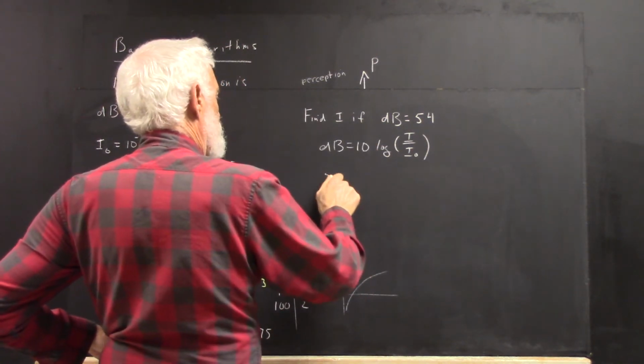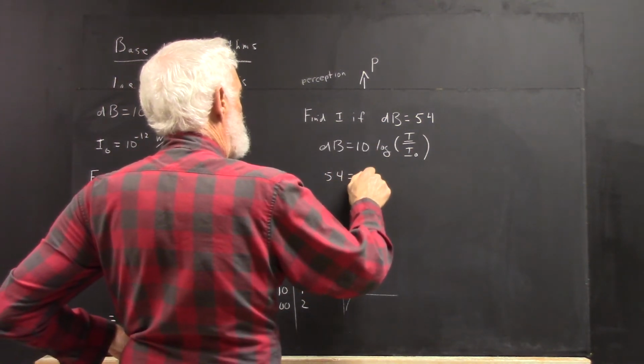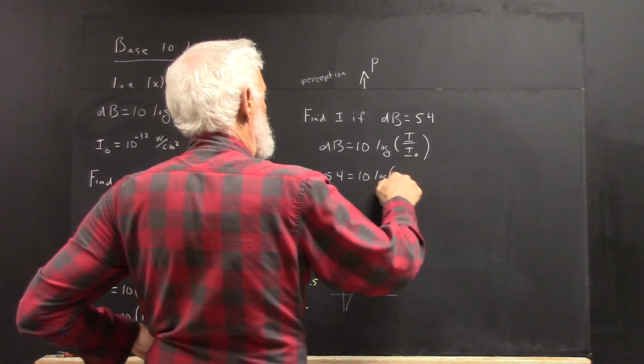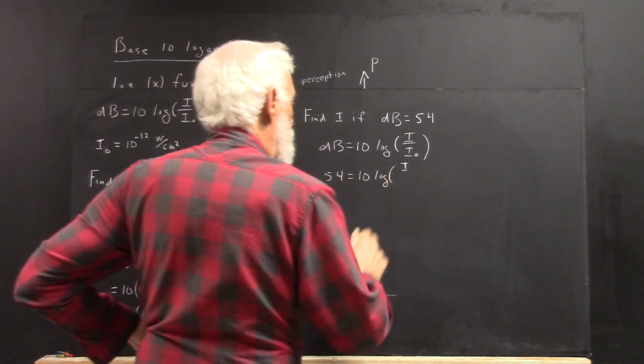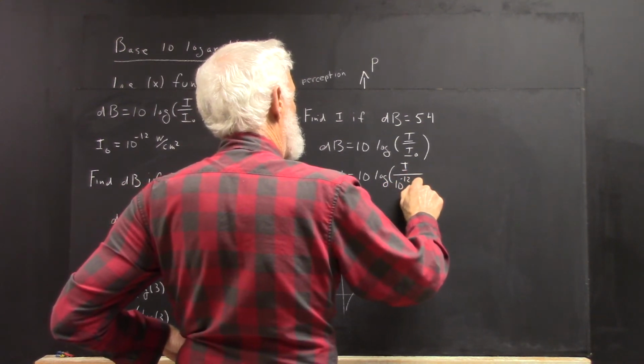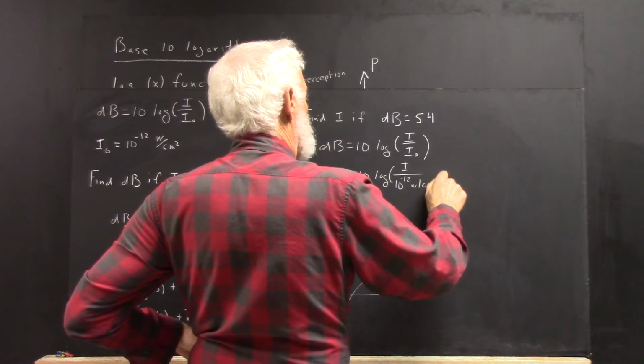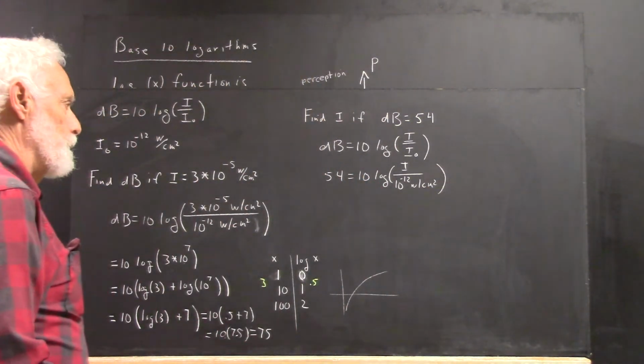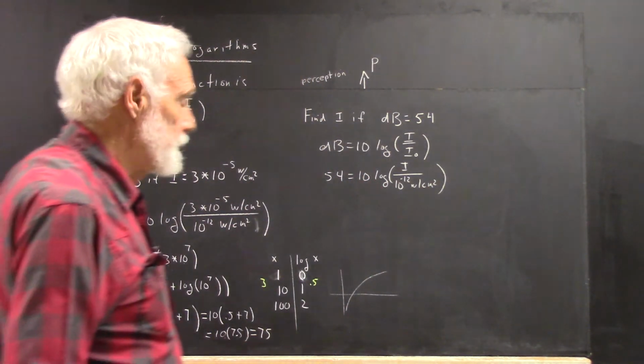If the decibel level is 54, we don't know I, but we do know I naught. Ten to the negative 12th watts per square centimeter.